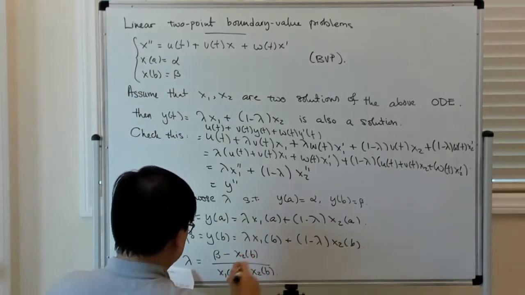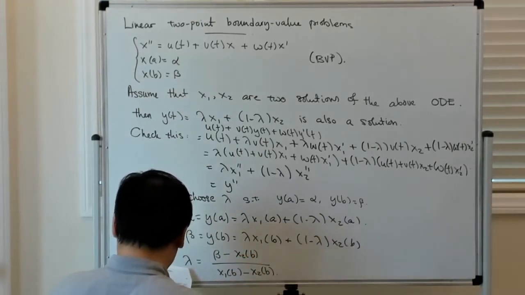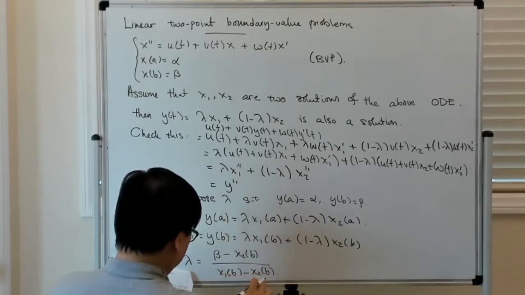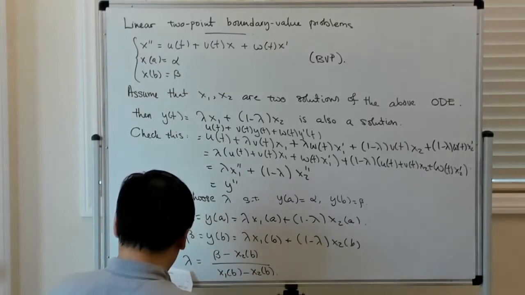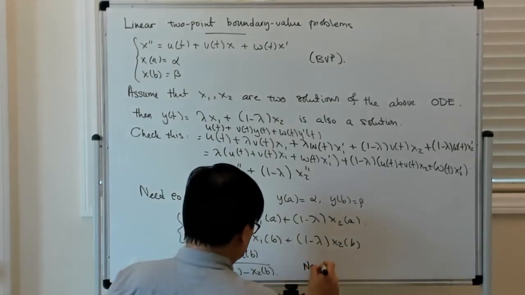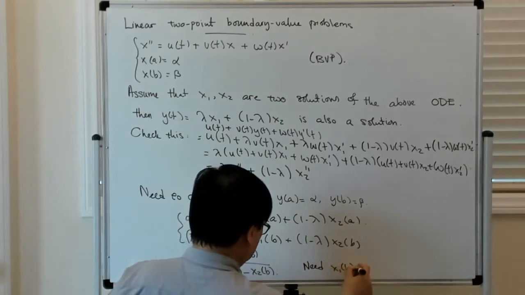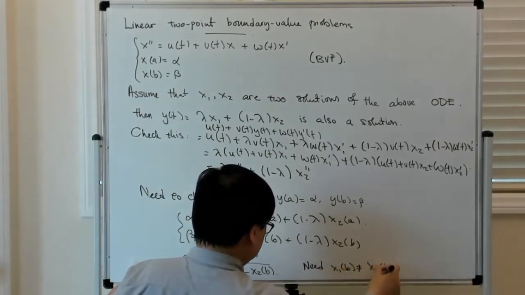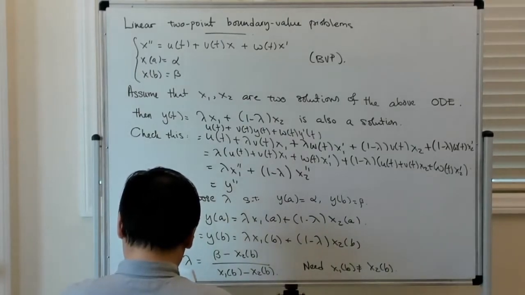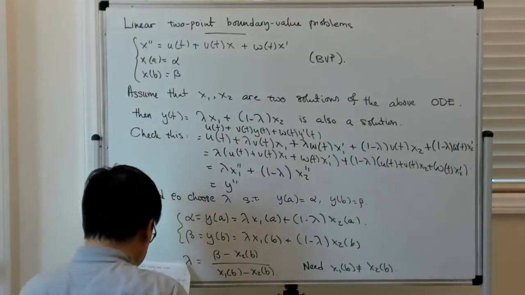And then once you have that, you have what you need. So obviously you need that x1 of b and x2 of b are not equal to each other. So we need x1 of b not equal to x2 of b.